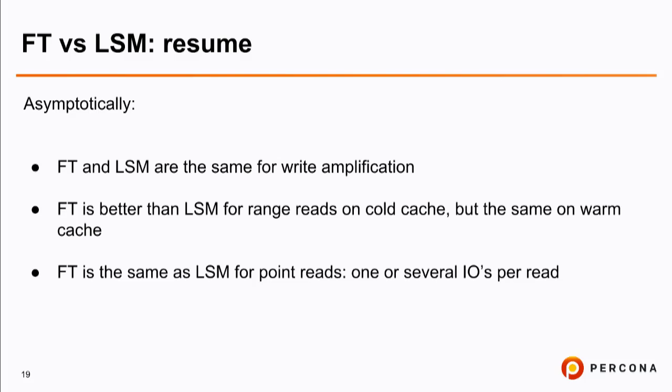So if we compare these two data structures, we will see that they're almost the same, because they have the same write amplification, the same formula for write amplification, and the same thing for read amplification in the case of a warm cache, both for range reads and for point reads.